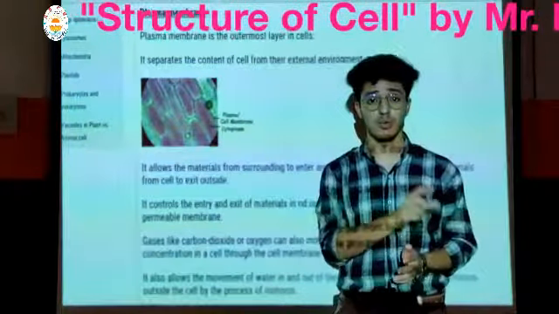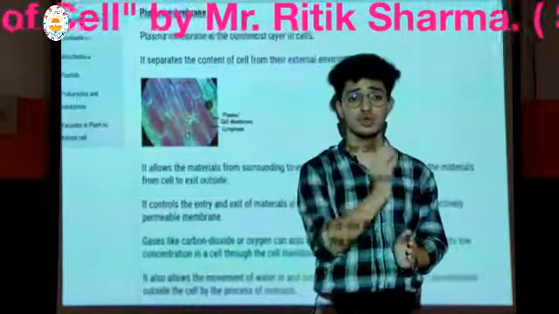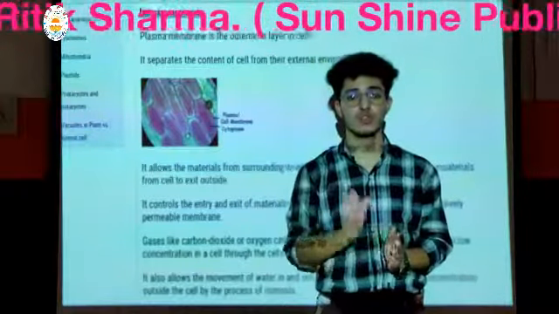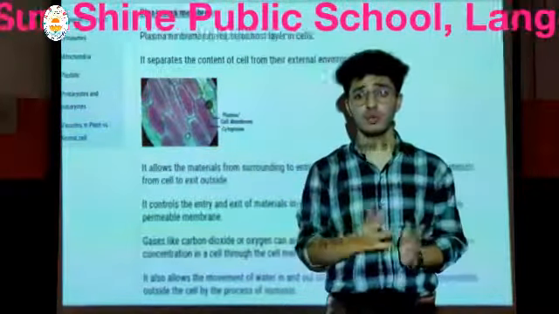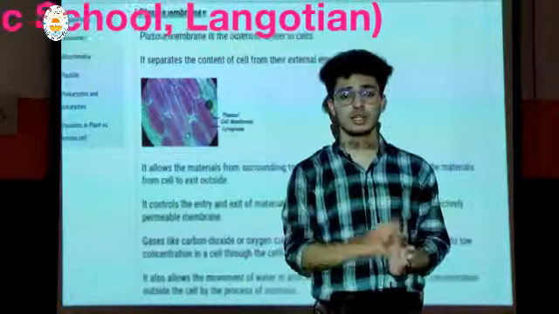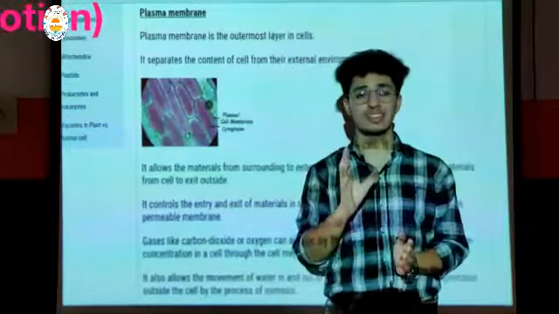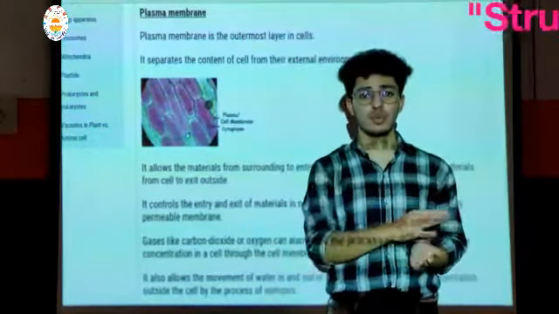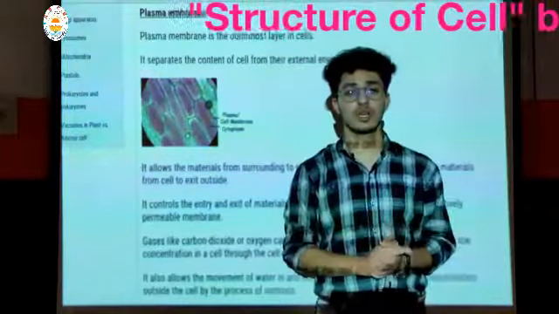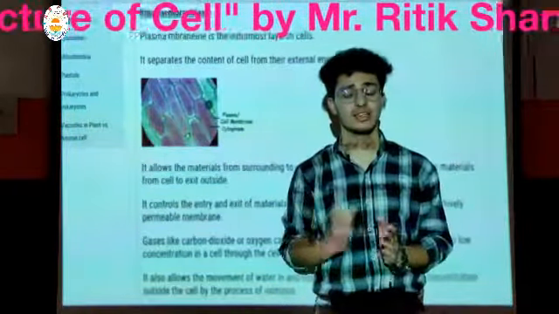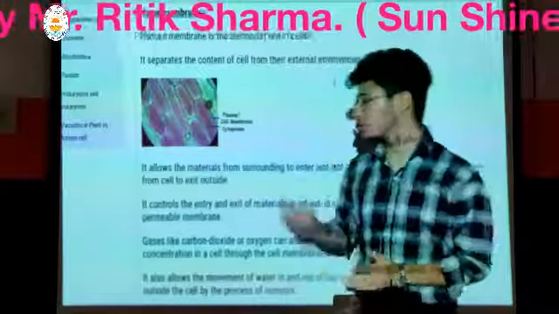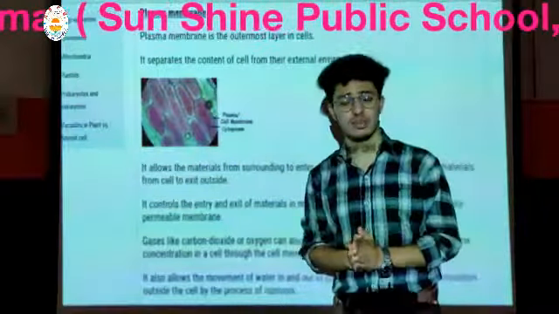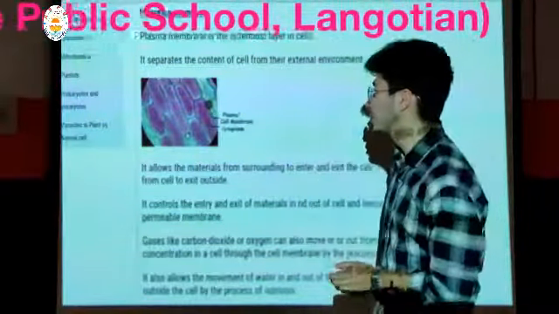This process, the movement of water from high concentration to low concentration, is known as osmosis. So we just learned about two processes: diffusion, the movement of gases from high concentration to low concentration, and osmosis, the movement of water from high concentration to low concentration. So that was all about the plasma membrane or the cell membrane.